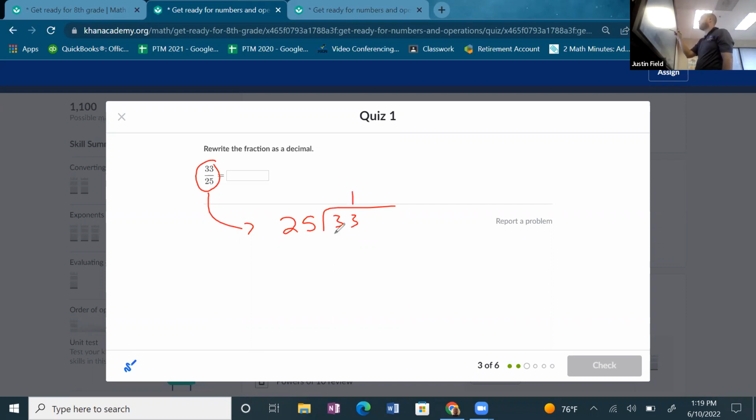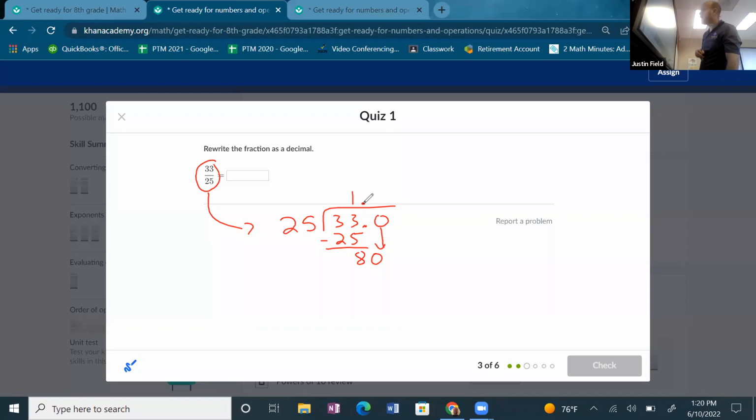Then I multiply. Then I subtract. And that would be 8. Now 25 doesn't go into 8, so I'm going to put a 0 and bring down the 0. Oh, can I get that decimal point? It needs to go up here too.